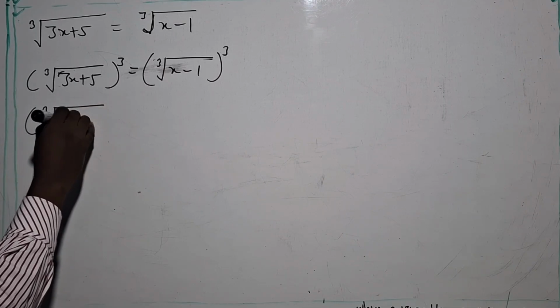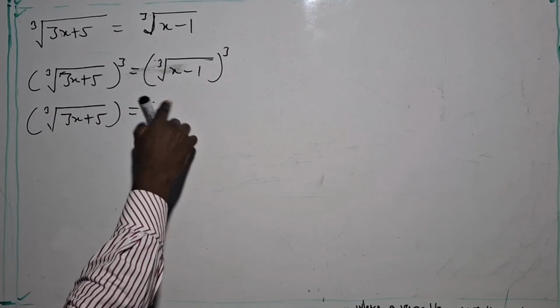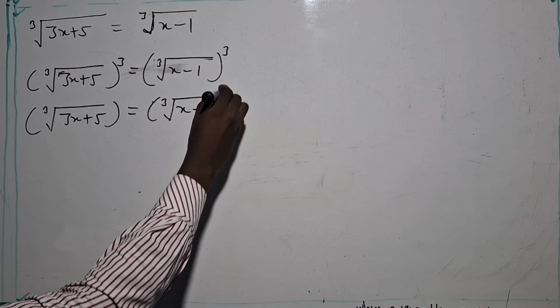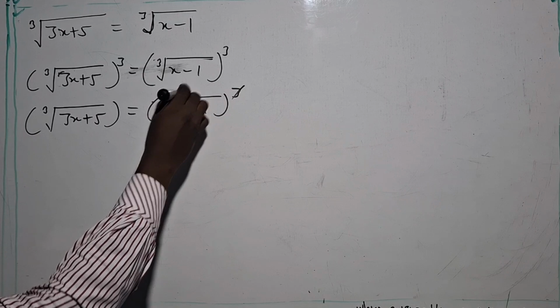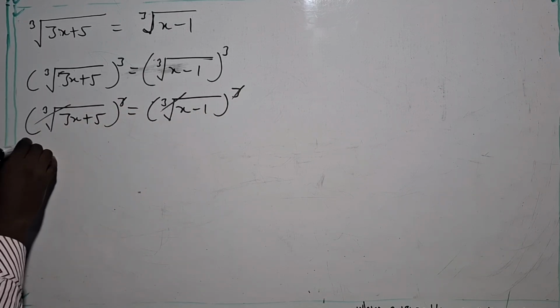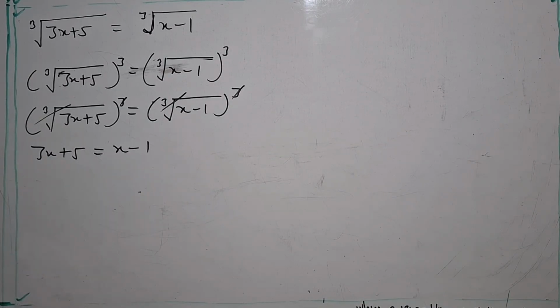Yes, I want to solve it step by step so that you know why certain answers are okay. So this, take out this; also take out this. So here I have 3x plus 5 is equal to x minus 1.